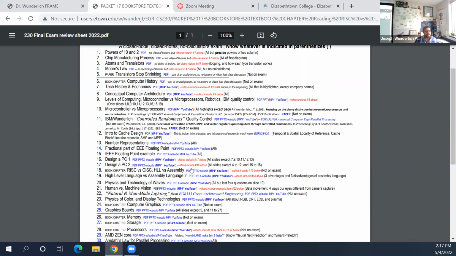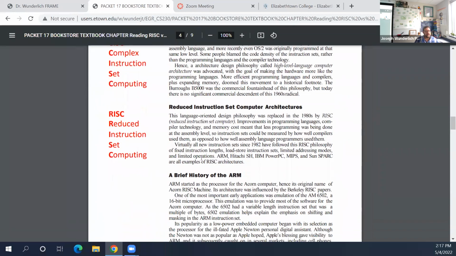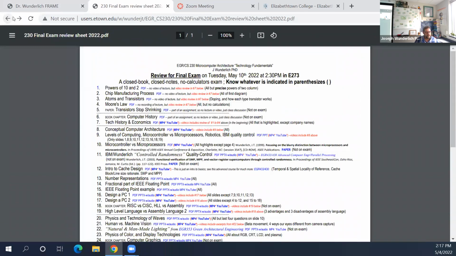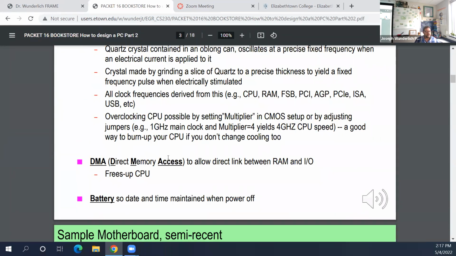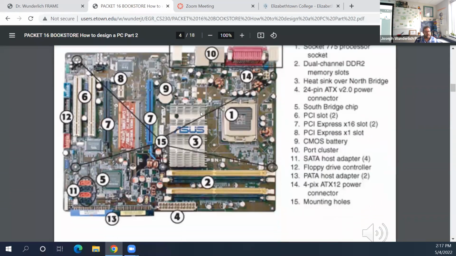So everything except 4, that's not the right one. PC line 2 right here, 4 to 12. So you should know how clocks work and batteries and that. But don't memorize all these boards.